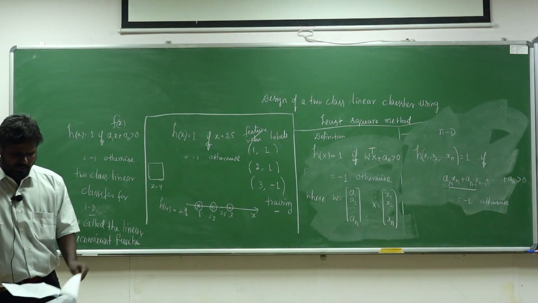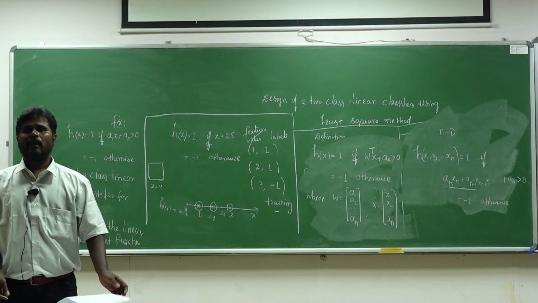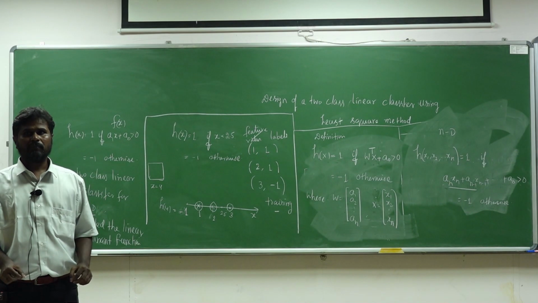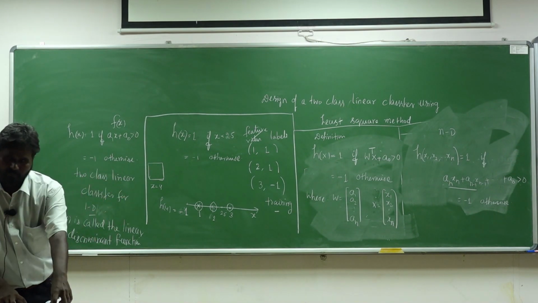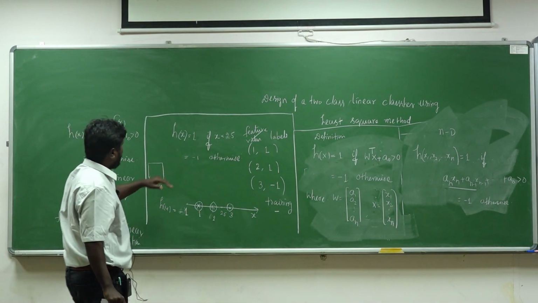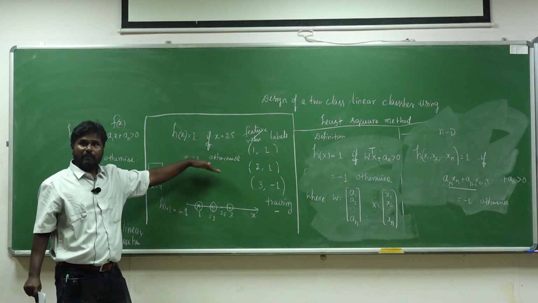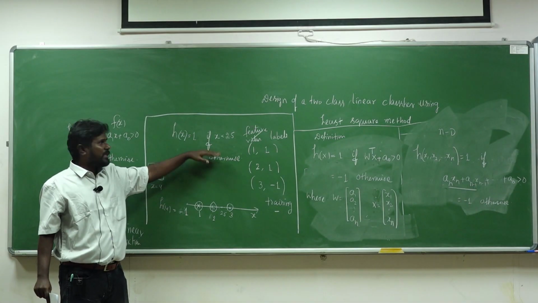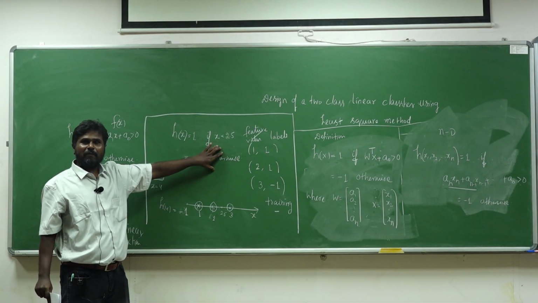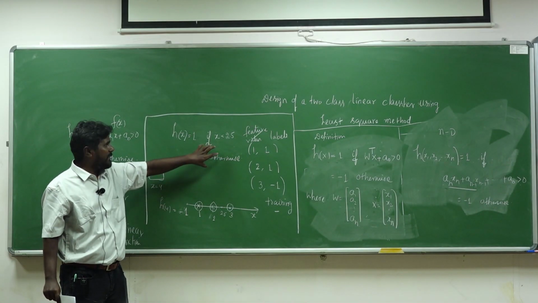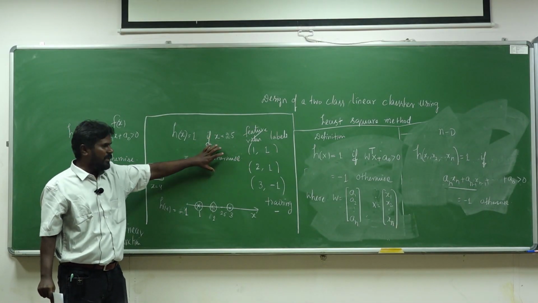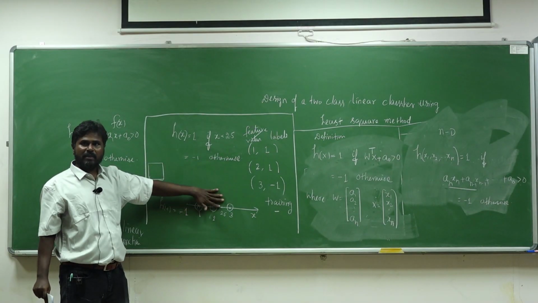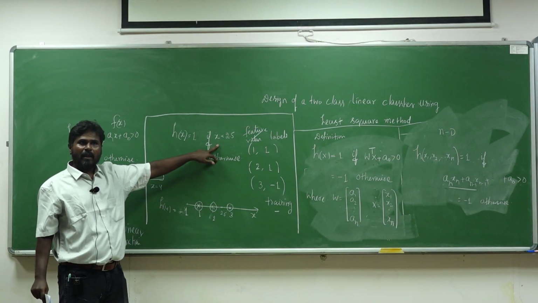Now let us look at, we have started with the example, and somehow we have got the classifier, but we have not derived it using any method. What we have done here is that we just looked at the feature space and defined it like this.